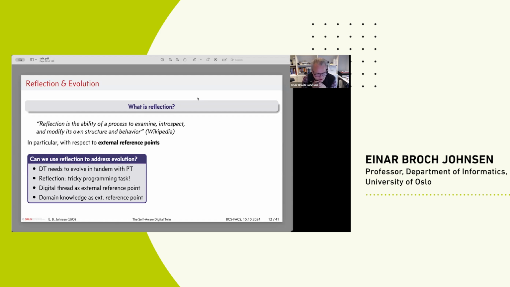The reflection is a tricky programming activity. We have these reference points, this digital thread, this history of development, these life cycles, and so on. And then we have the domain knowledge. We have the sensor data coming in, the expert's understanding of how the physical system must behave, and so on, that we can try to exploit in order to adapt the digital twin to what is going on in the physical system.